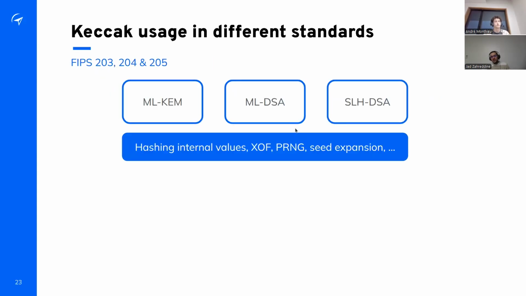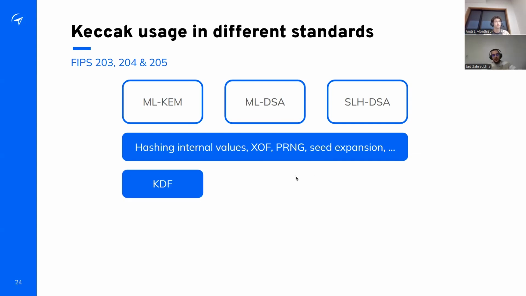More recently, Keccak, SHA-3, and Shake have been heavily used in almost all post-quantum cryptography algorithms. So from the 3 standards that have been published up until now, ML-KEM, ML-DSA, and SLH-DSA, they have been used for multiple purposes, including, but not limited to, hashing internal values, as extendable output functions, as pseudo-random number generators, and as seed expansion, in order to store the private and public keys more efficiently.